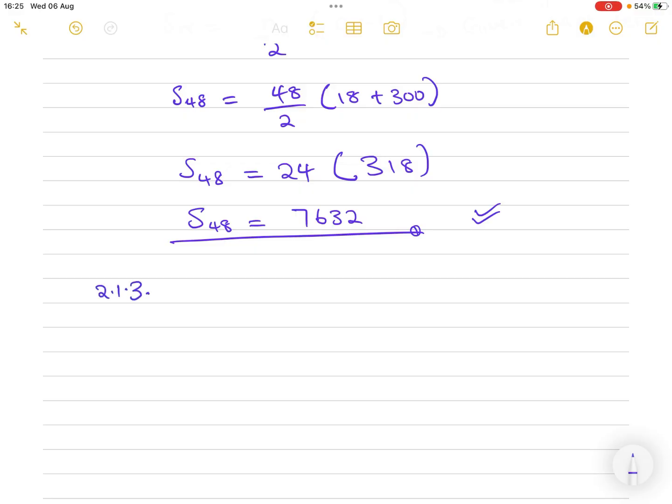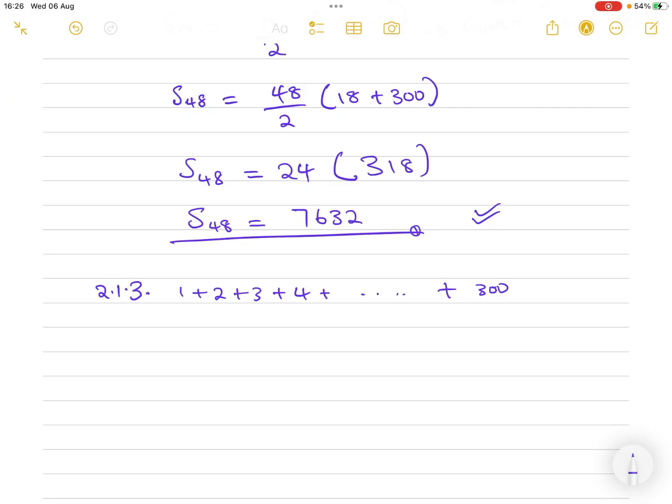We have 2.1.3. Let us calculate the sum of what? Of whole numbers, which start from 1 up to 300. So they have a common difference of what? Of 1. First things first, we want to write this series: 1, which is the whole number, plus 2, plus 3, plus 4, plus ... plus 300.